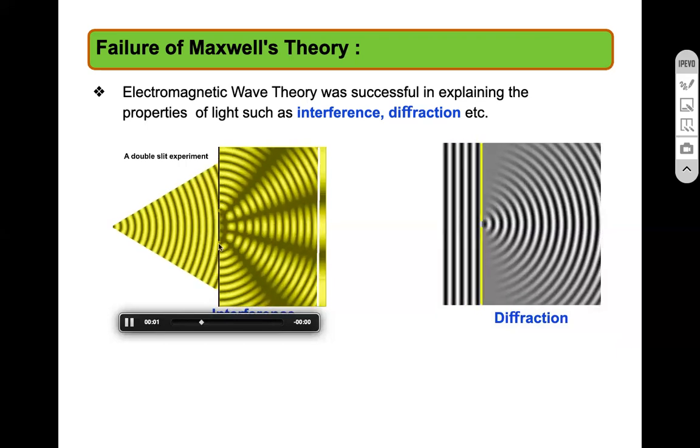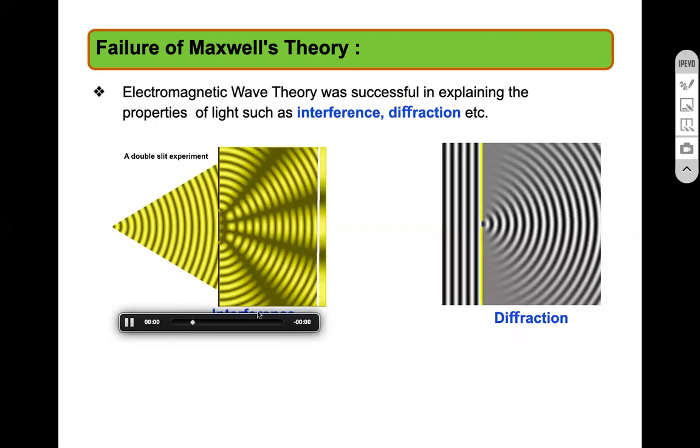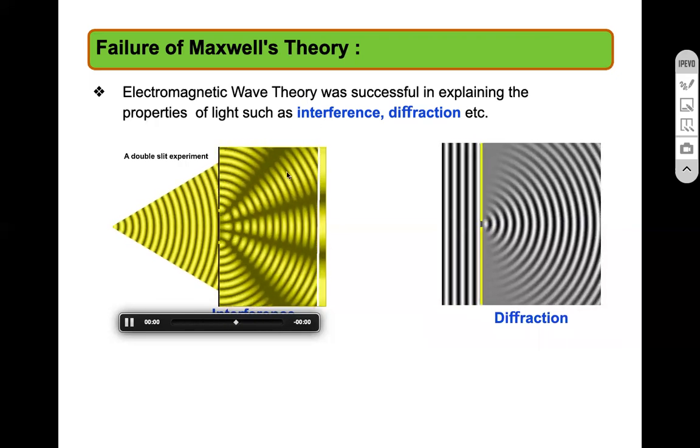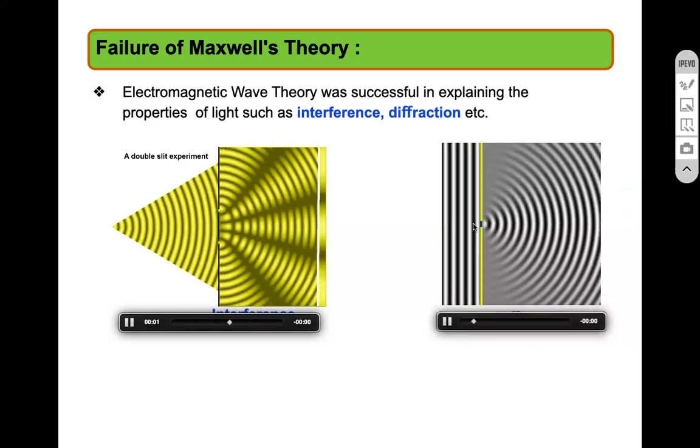One is interference. When you put two slits, a double slit experiment, and light is passed, you will see this type of pattern. This can only be explained with the help of wave theory, that light is a wave.